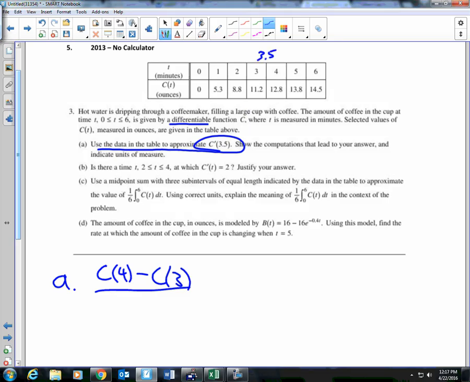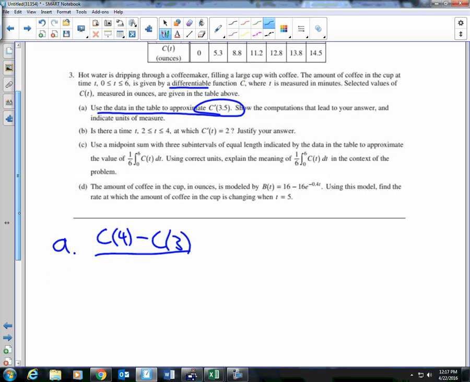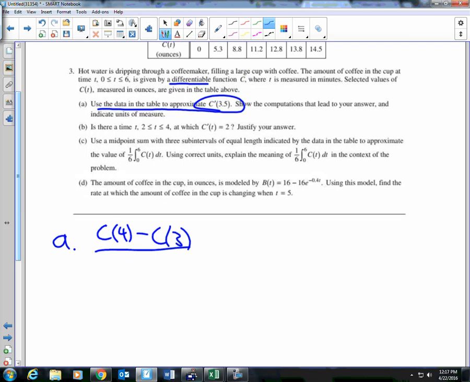So what I'm going to do to estimate that is take C of 4 minus C of 3 divided by 4 minus 3. Y sub 2 minus Y sub 1 over X sub 2 minus X sub 1. And that is approximately equal to C prime of 3.5.